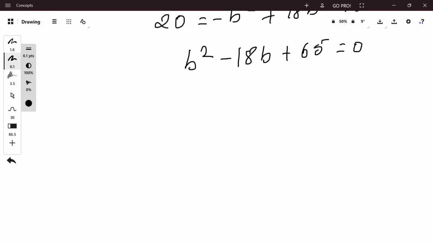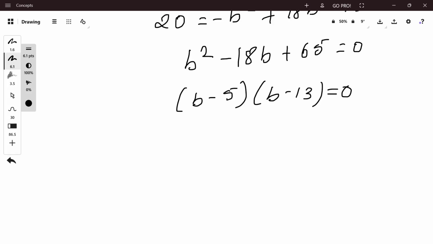Factor the quadratic equation. We have (b minus 5)(b minus 13) is equal to 0. The possible values for b are 5 and 13. If b is equal to 5, then c is equal to 18 minus 5, which is 13.